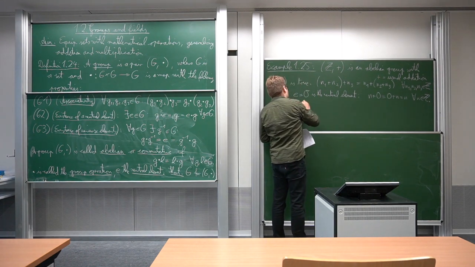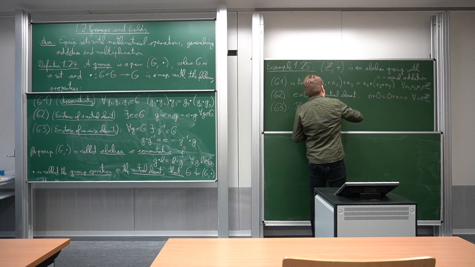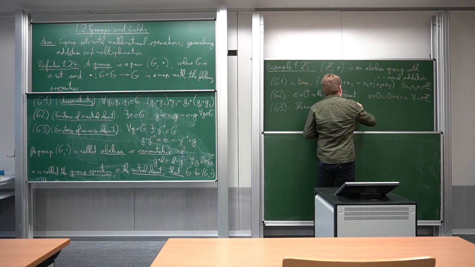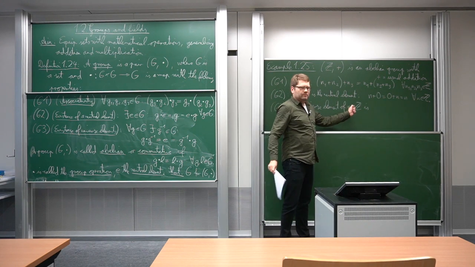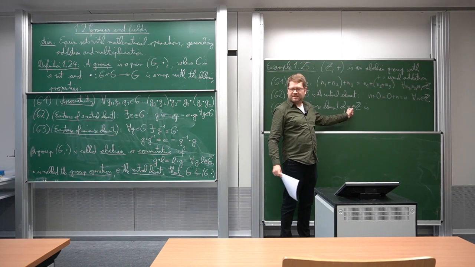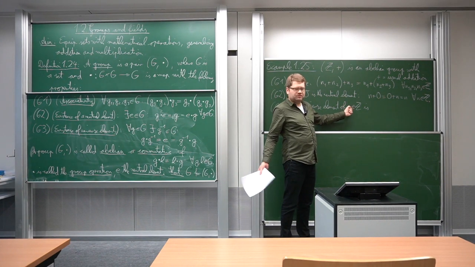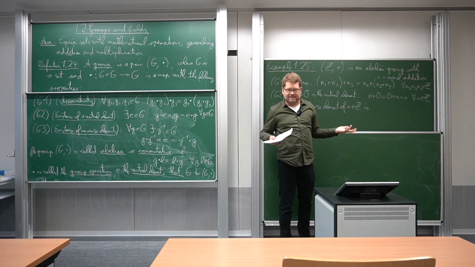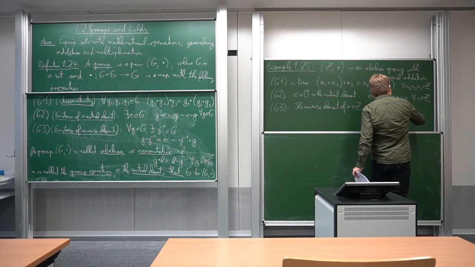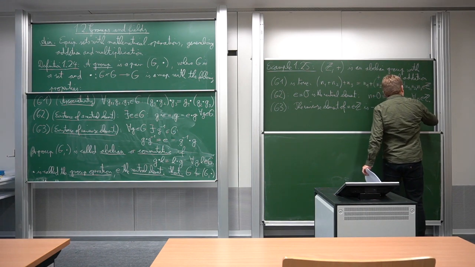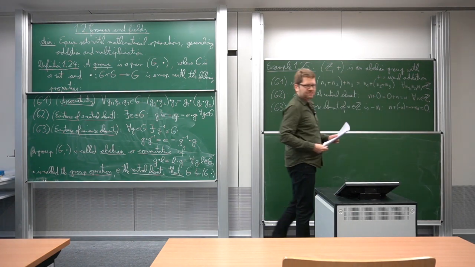The inverse element of an integer n: what do we need? We want the number that we have to add to n to get to the neutral element, which is 0. Which number do we need to add to n to get to 0? This is just minus n. So n plus (minus n) is minus n plus n, which is 0. And so this is why we have this inverse.